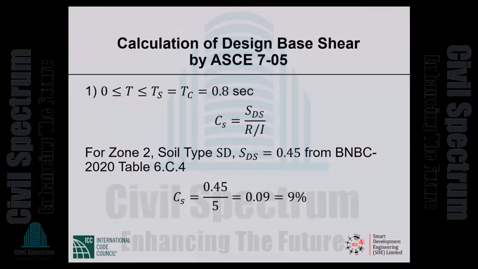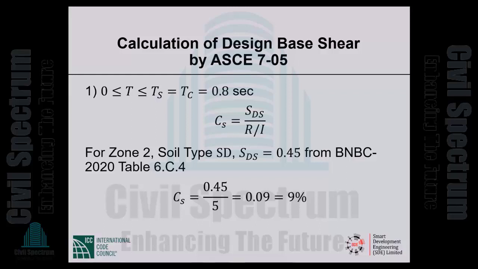Now, if we were to do the same problem by AC 705, the first branch should be from 0 to T sub S, which is 0.8 second.